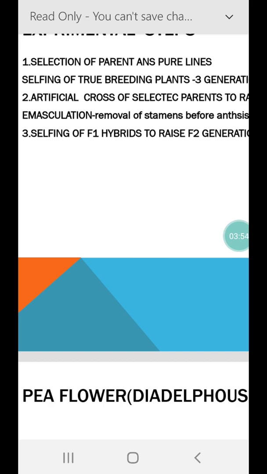Then pollen from the flower of the selected male parent was dusted on the stigma of the emasculated flower. What is emasculation? It is removal of stamens well before anthesis, meaning opening of flower buds. Anthesis means opening of flower buds after formation of pollen grains.